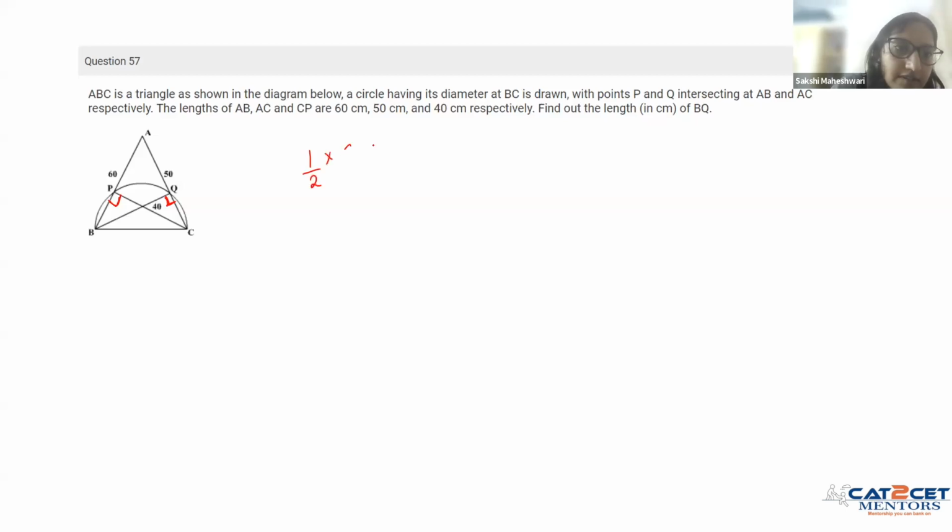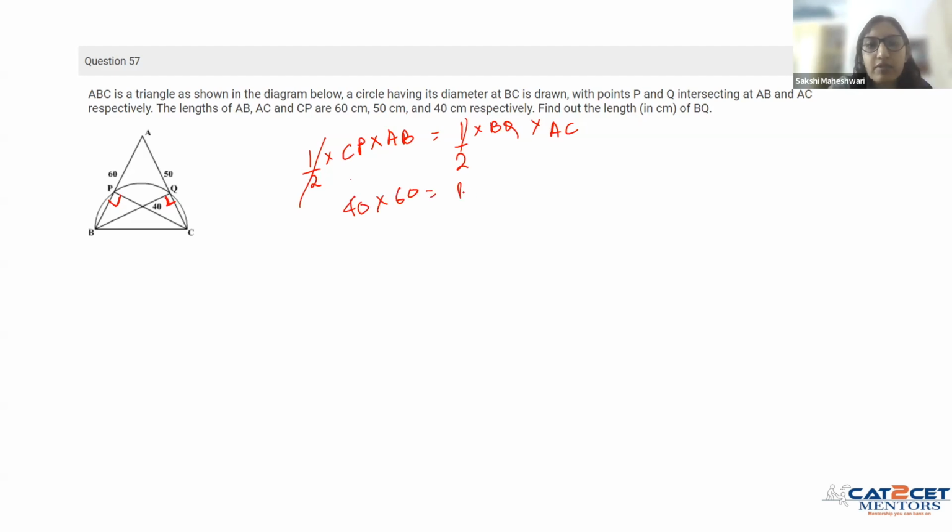Half into CP into AB, or half into BQ into AC. So I have the values of AB, AC and CP. Just equate this. CP is 40, AB is 60, and PQ we want to find, and AC is 50.